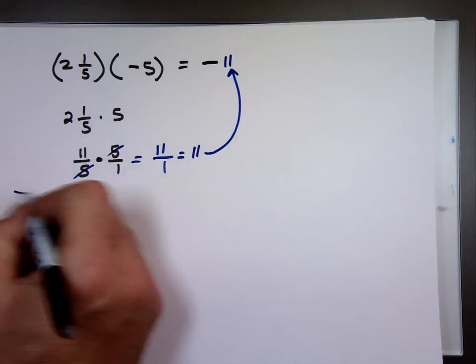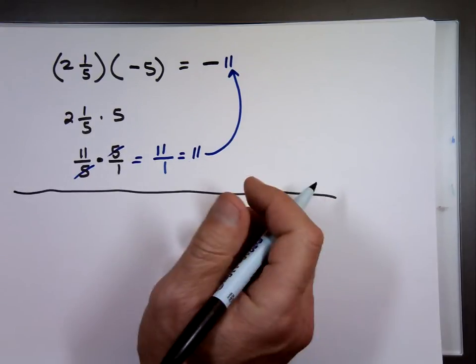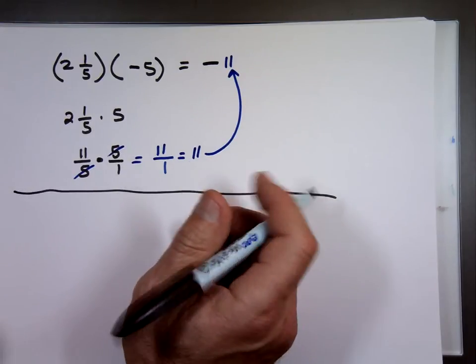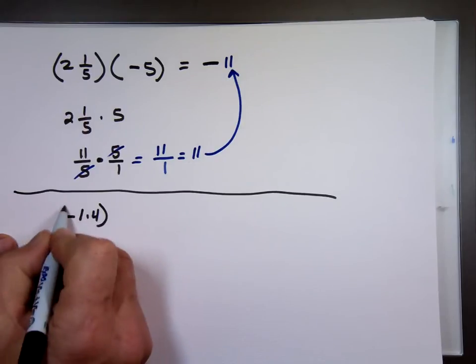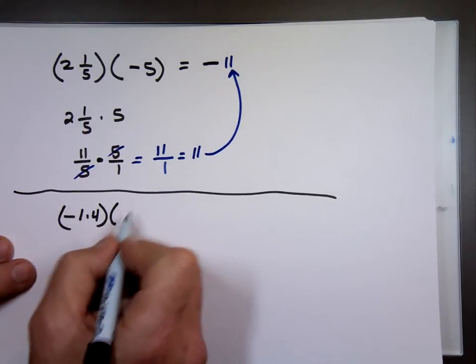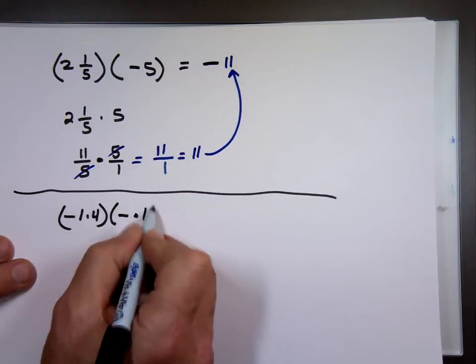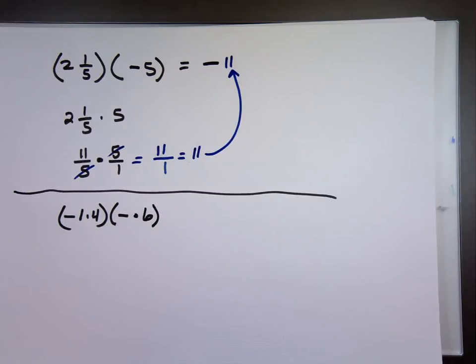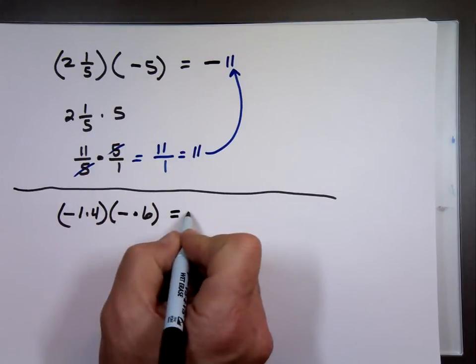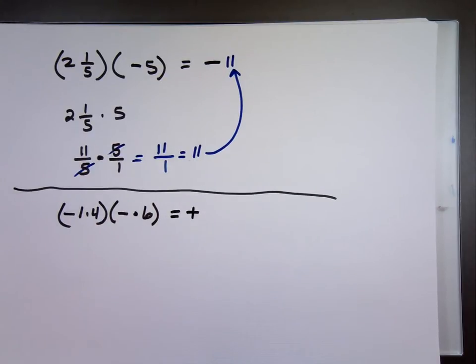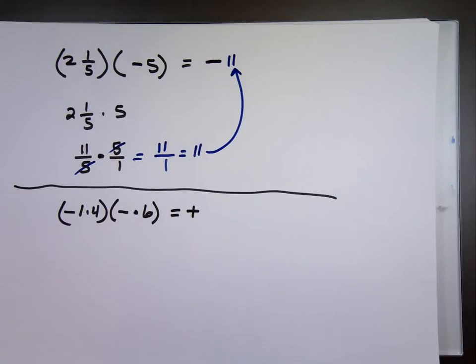And if these were decimal values, I do the same thing. If that was negative 1.4 times a negative 0.6, negative times negative, the result is what? Positive. Same sign, the result is always positive.